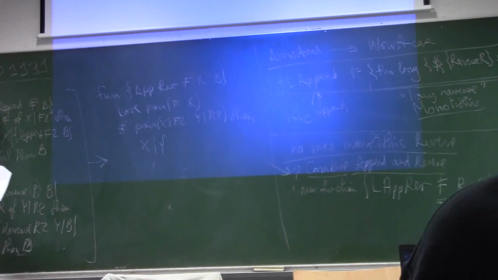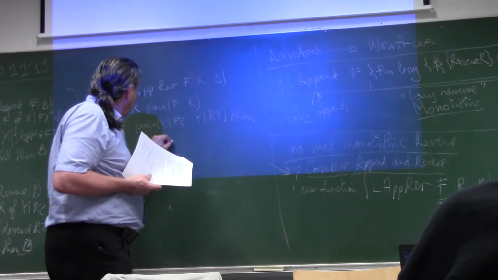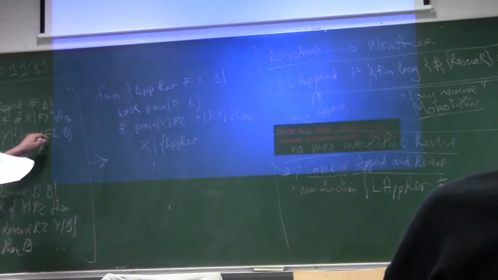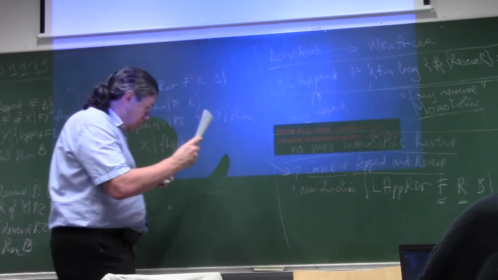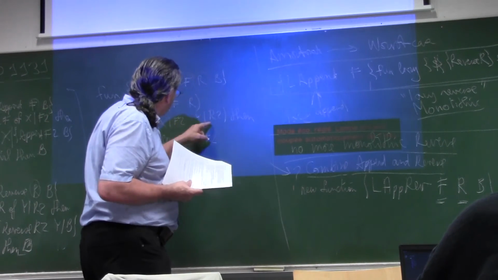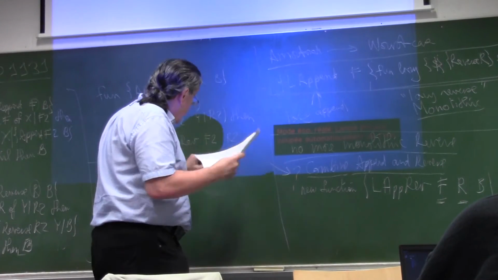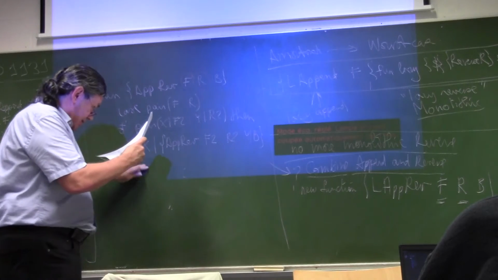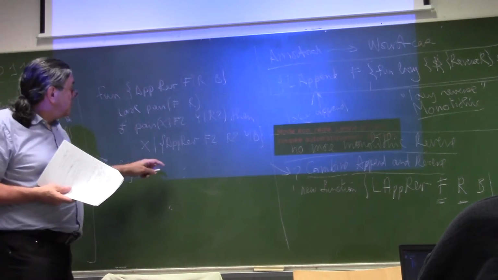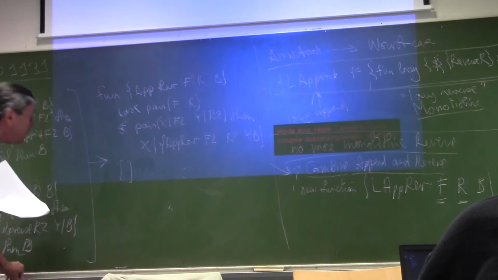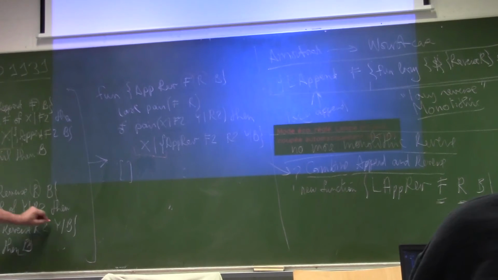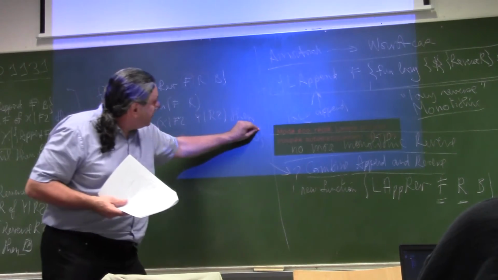I'm still doing an append, so I still create the result: X bar, Apprev, and here I have F2, but also R2, and then Y bar B. So this is the append part, but I'm also doing the reverse part here.